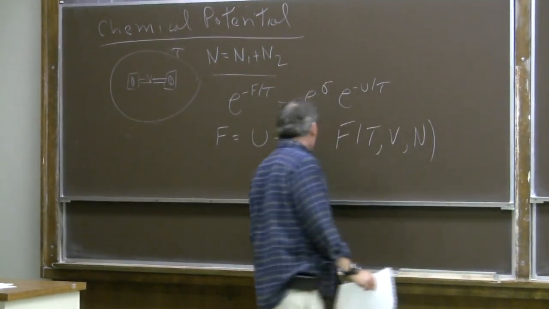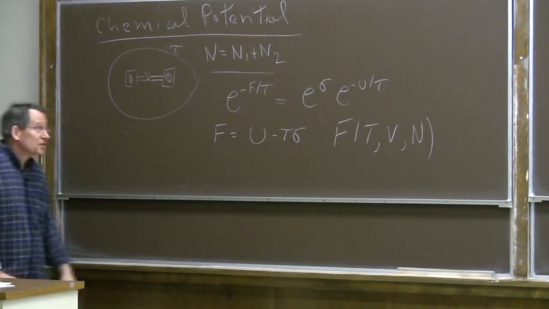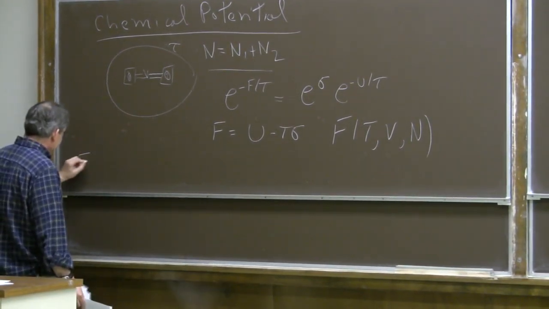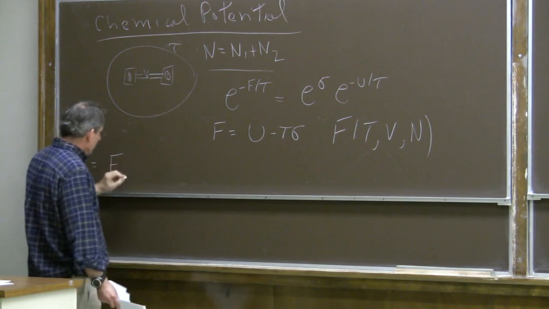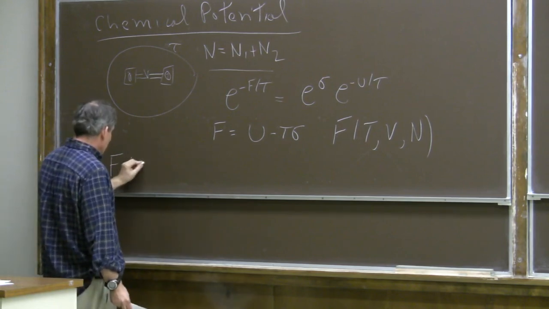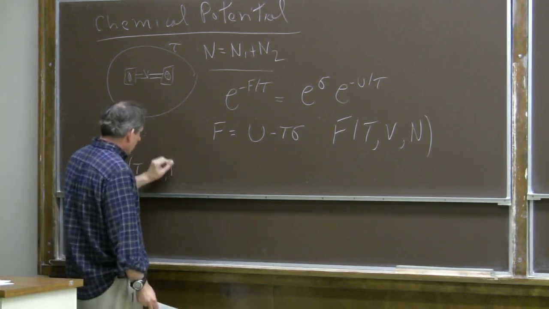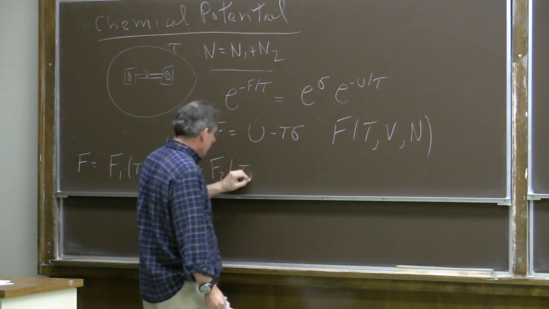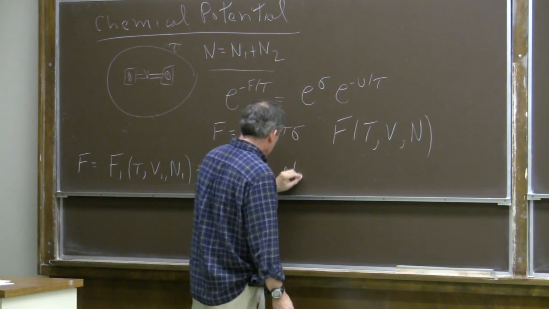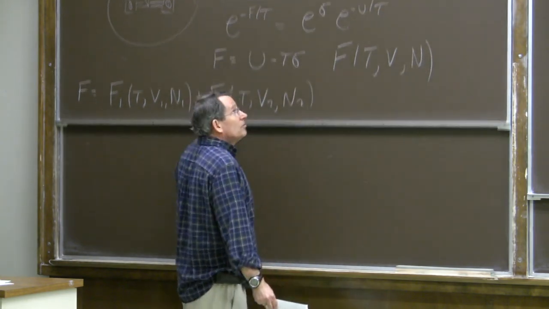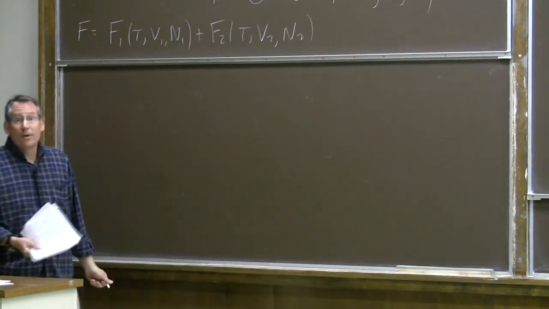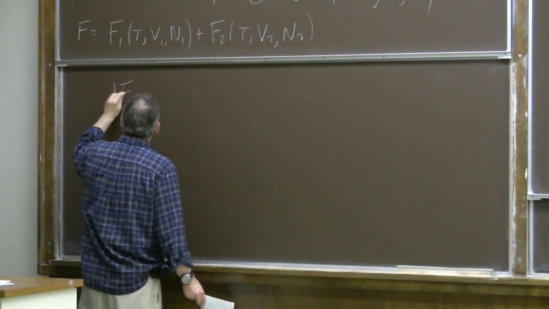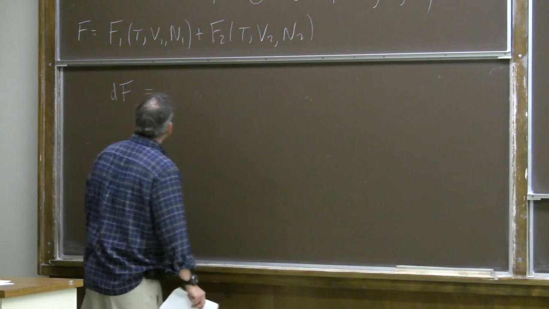And if we keep the volume of system 1 fixed and the volume of system 2 fixed, the total free energy is F1, which depends on the temperature, V1 and N1, plus F2, which depends on temperature, volume of 2, and N2. When the particle number in system 1 changes, when we're in the most probable configuration, dF should be equal to 0.